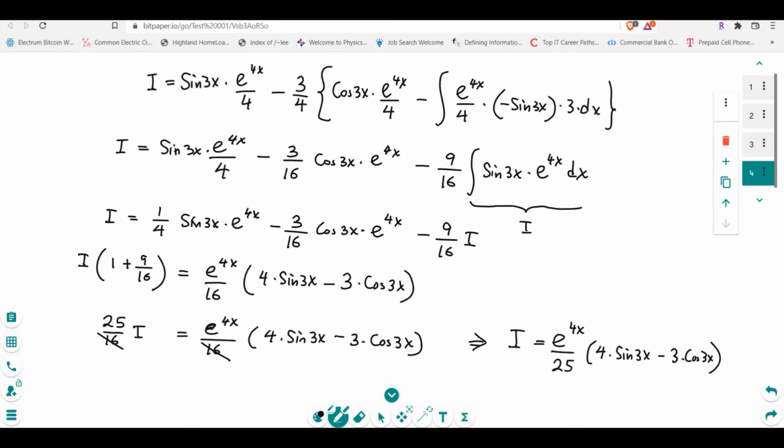Now remember, this I stands for an indefinite integral. So to be complete, we have to put a plus C, indicating that it's an arbitrary constant. So the final answer for this integral is this expression. So that's how you do this problem.